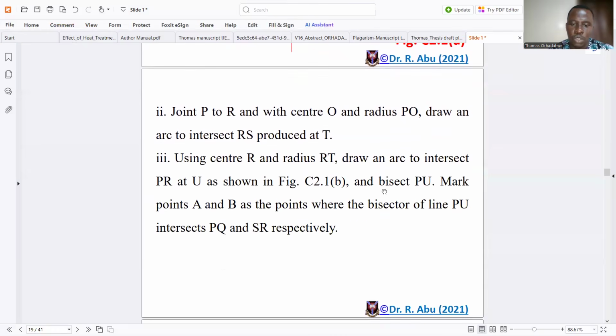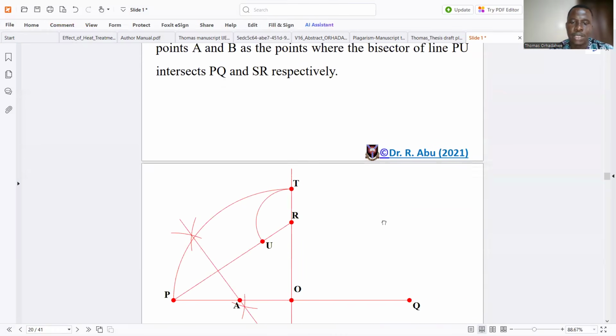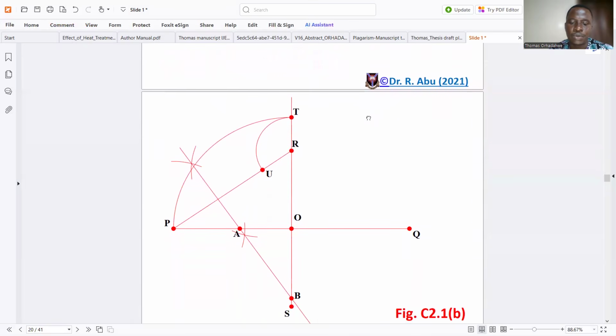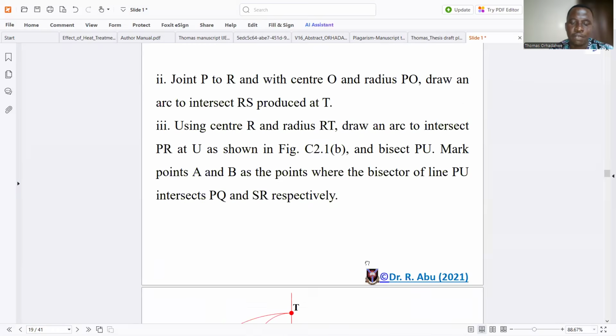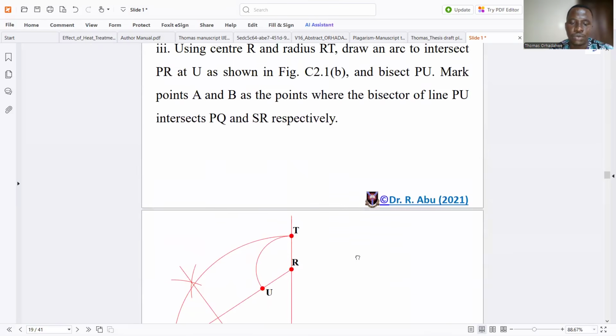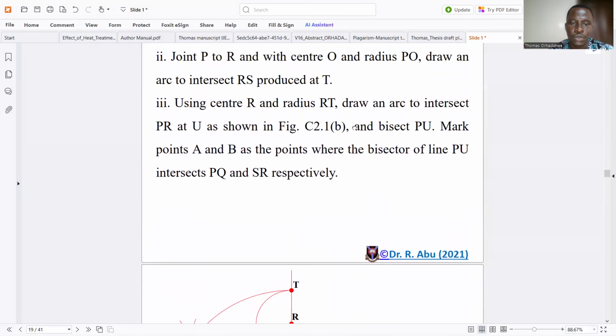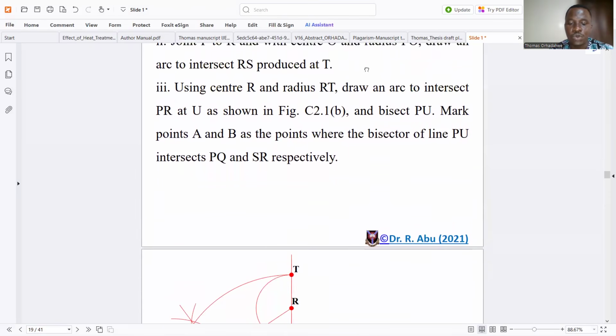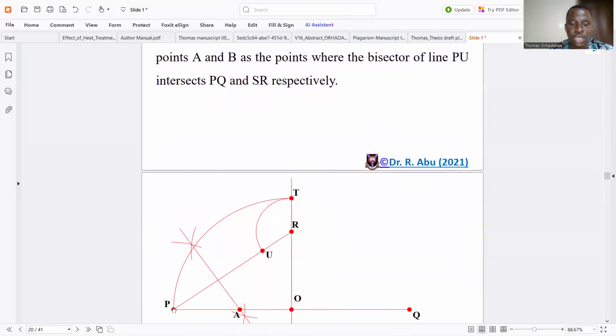So what we are saying is this. Now, after we have gotten our U, bisect PU. So the distance between P and U, you bisect it.